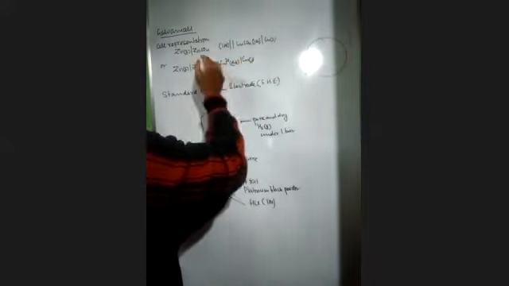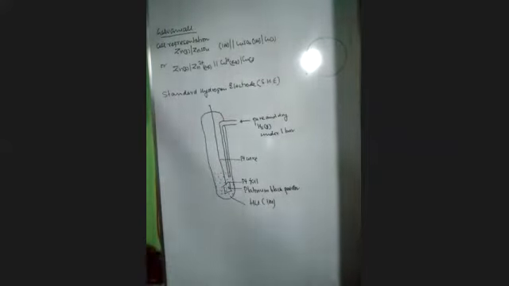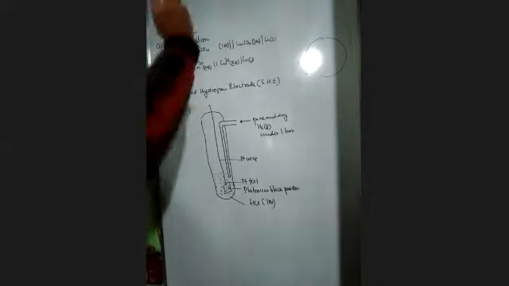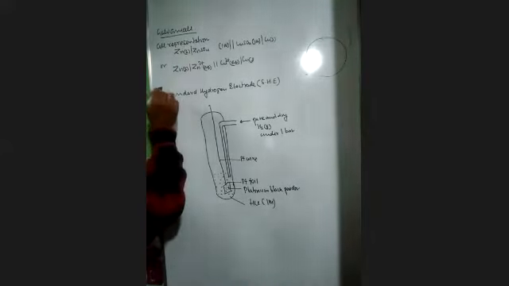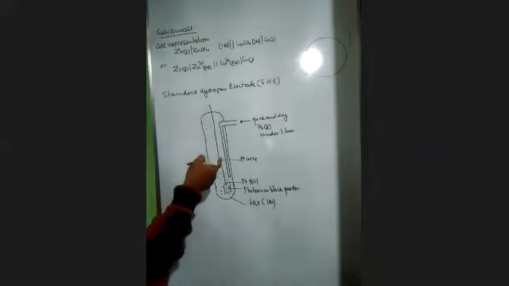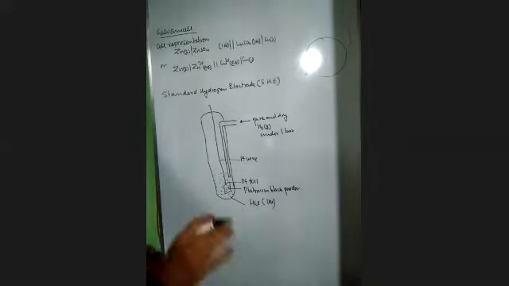I'm very sorry. This is the cell representation, so any cell you can write it like that. Okay. Now, how to represent electrode potential? See, electrode potential, I'll write it later.